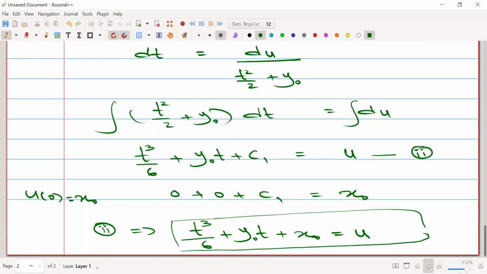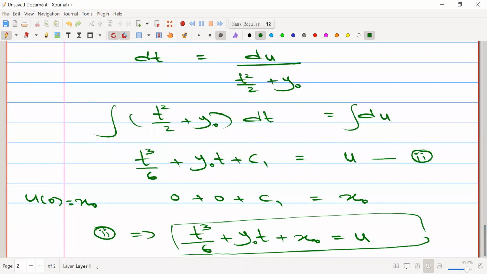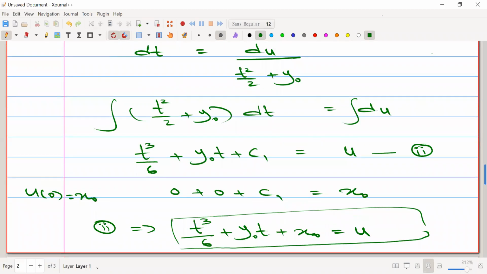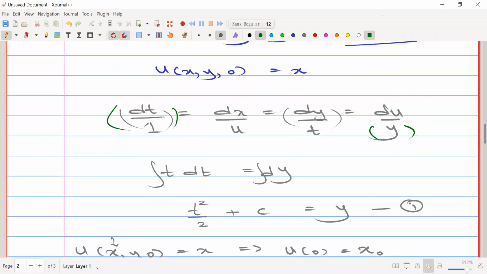Okay, now we can take the other pair. We now have this expression for u as well. So now let's work with the other pair. We can replace u here and solve it with dt.